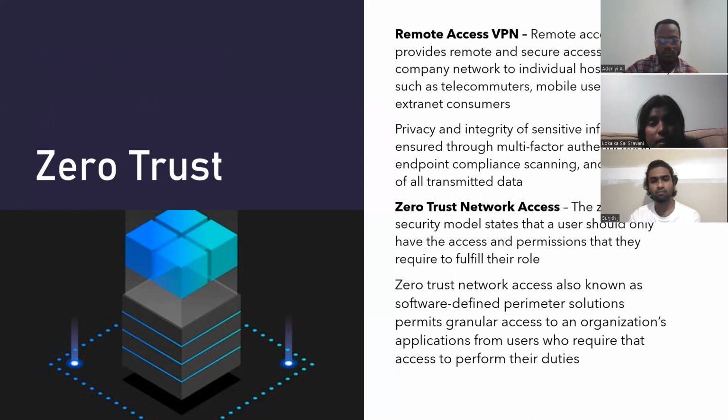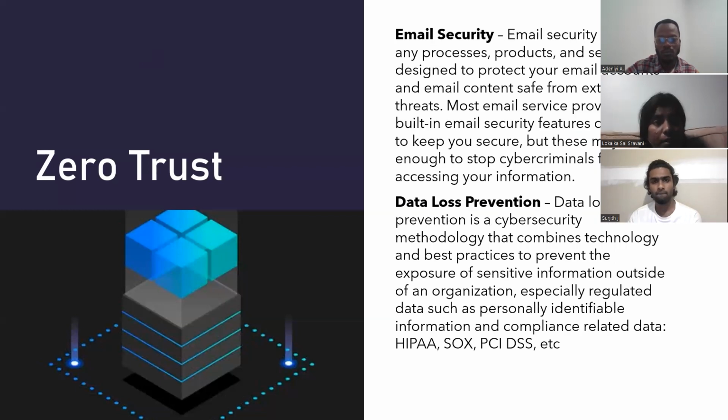The zero trust security model states that a user should only have the access and permissions that they require to fulfill their role. Zero trust network access, also known as software-defined perimeter solutions, permits granular access to an organization's applications from users who require that access to perform their duties.